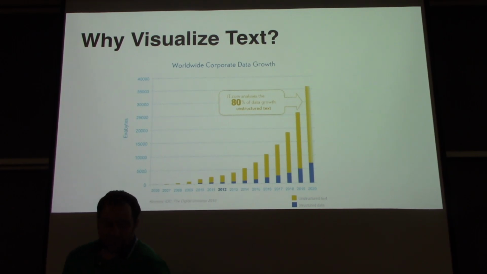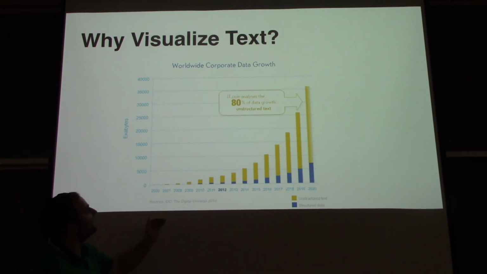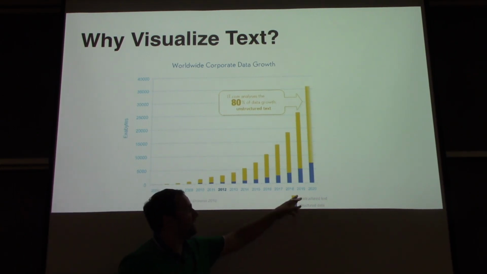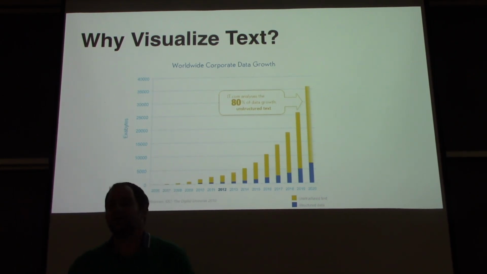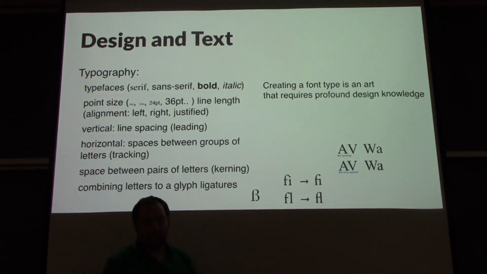If we look at data growth, structured data compared to text data is still a minority. Text data, in the form of plain text or log files or whatever, outgrows structured data sources by quite a bit. So obviously this is an important data resource.